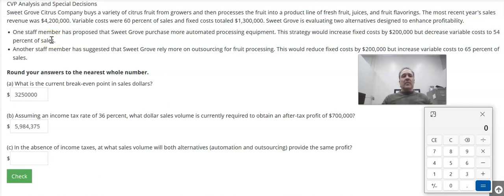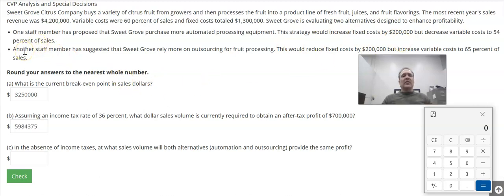Looks like we've maybe got a 10% improvement. We went from 60 to 54% of sales. I know all you want is the number, the answer, but I just want you to understand that this scenario actually does make some sense here. So that looks like that's probably alternative one.